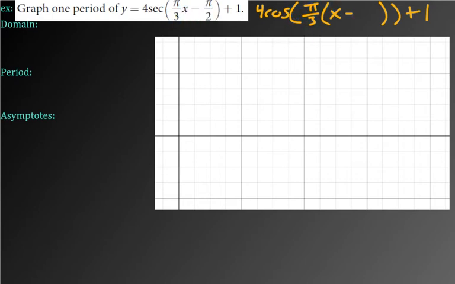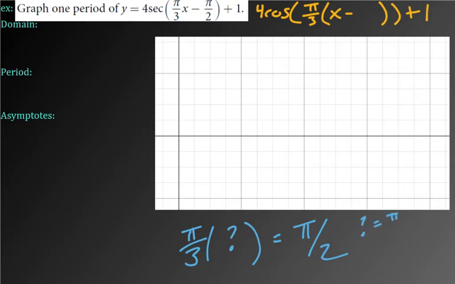And then I really just want to think, okay, pi over 3 times something equals pi over 2, right? And so the something you can get by doing pi over 2 divided by pi over 3, right? Just divide that over.